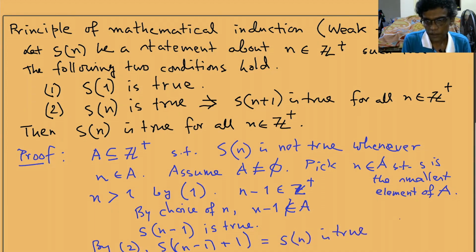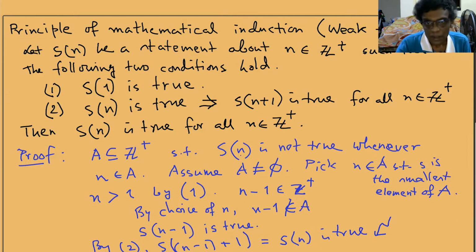But this is a contradiction to the fact that n belongs to A, and A comprises all those elements for which Sn is not true. So our initial assumption, A not equal to empty, is false. So A is empty, which essentially implies that Sn is true for all n in Z plus.